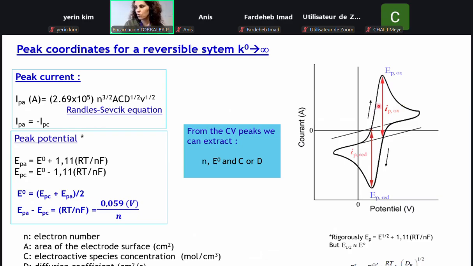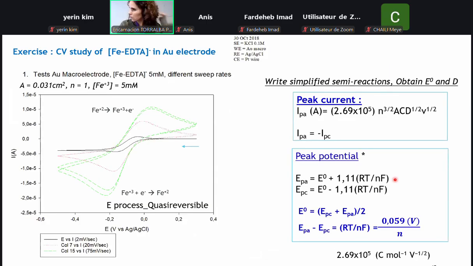And if the shape is not the same, we can have a lot of information, for example, if the reaction is reversible, or if there is a chemical reaction before. So here we saw a small example. If you want to do it at home, you can, because I put the solution.